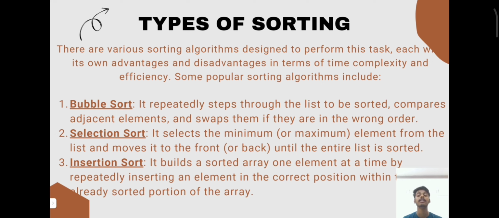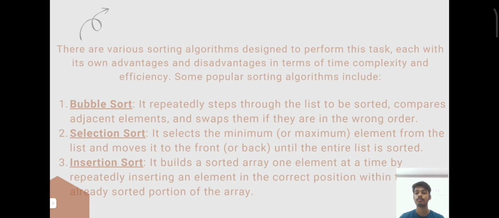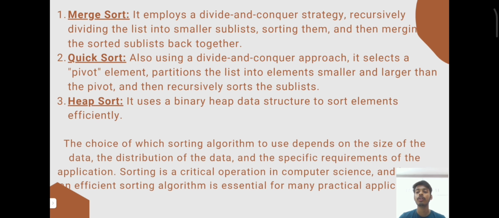Third is insertion sort. It builds a sorted array one element at a time by repeatedly inserting an element in the correct position within the already sorted portion of the array. The fourth one is merge sort. It employs a divide and conquer strategy, recursively dividing the list into smaller sublists, sorting them, and then merging the sorted sublists back together.